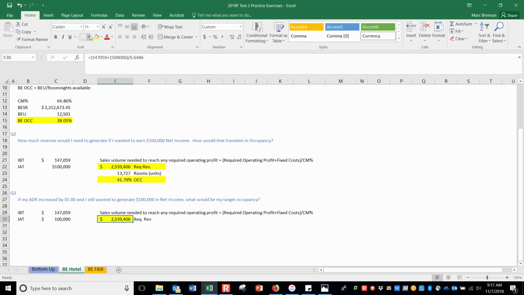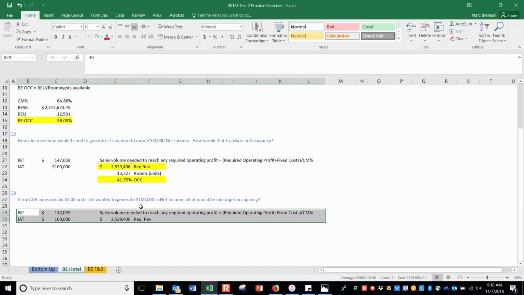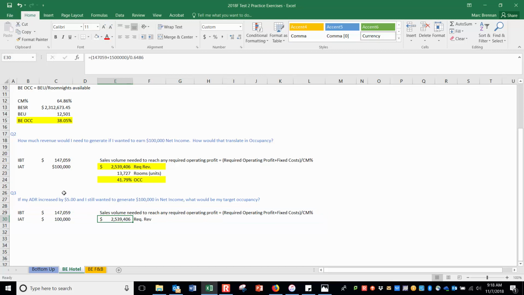For this, I still need this required revenue in order to reach $100,000. This part hasn't changed. Take your time reading the question, right? Because I still want to reach $100,000 in net income. That doesn't change my required revenue, this change in ADR. It doesn't change my required revenue at all. I still need to hit this amount in order to reach my goal of $100,000.